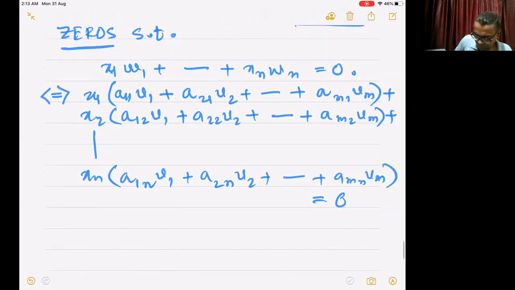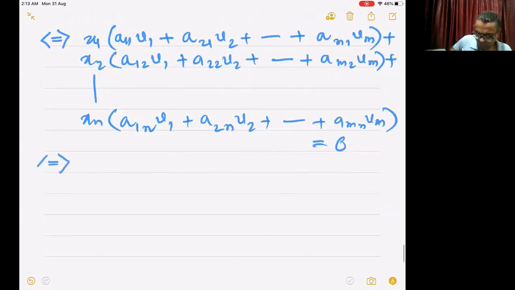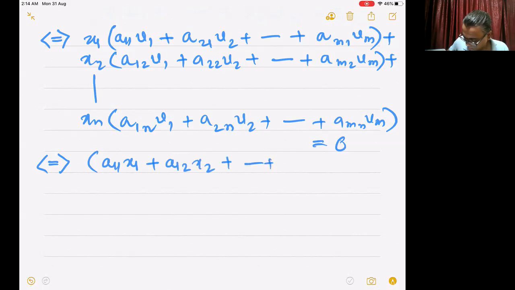Yeah, of course, this is then equivalent to, now I'm going to write these v1s together. What does that give me? That gives me the following. Notice carefully, I have a11 x1 plus a12 x2 plus dot dot dot a1n xn times v1.